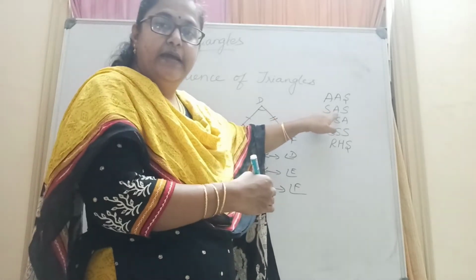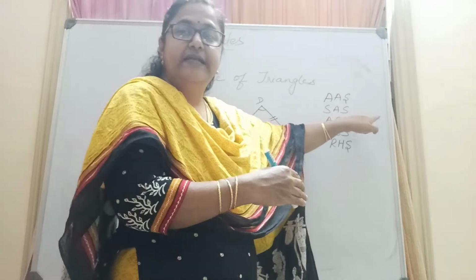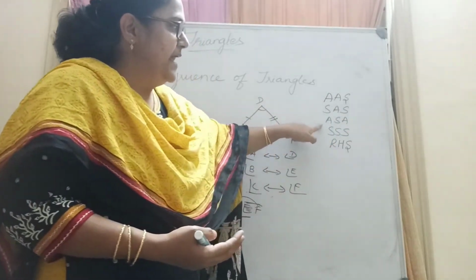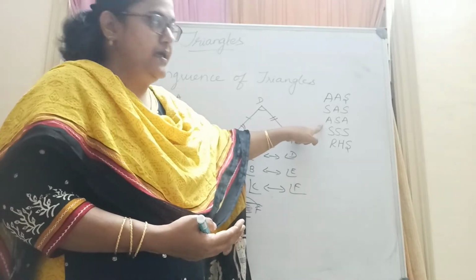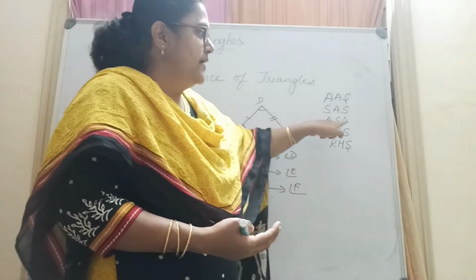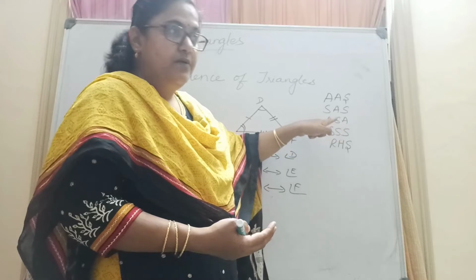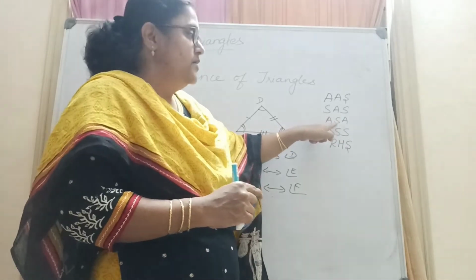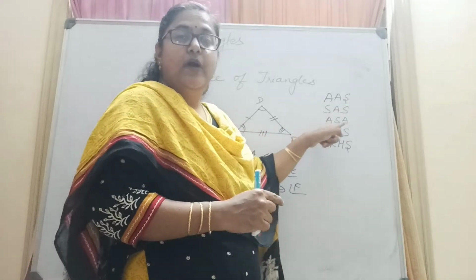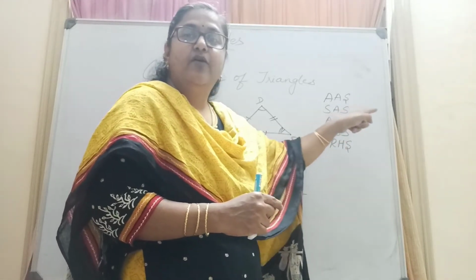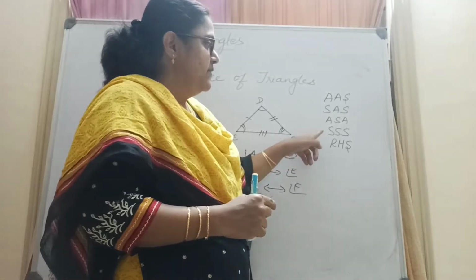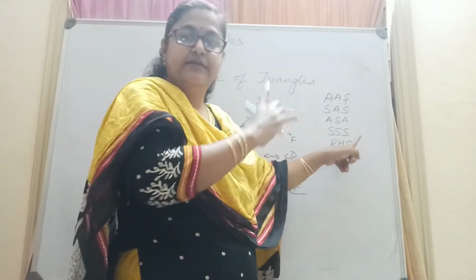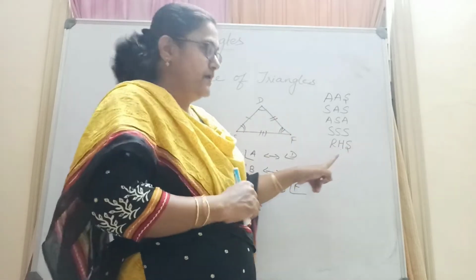Two sides and the included angle of one triangle should be equal to two sides and the included angle of another triangle. Right? Similarly, ASA is two angles of a triangle with an included side should be equal to the two angles with the included side of another triangle. Same way, all the three sides of one triangle should be equal to all the three sides, that is the corresponding sides, of the other triangle.